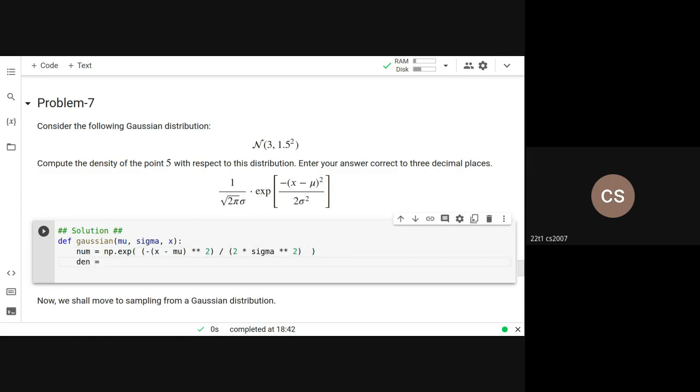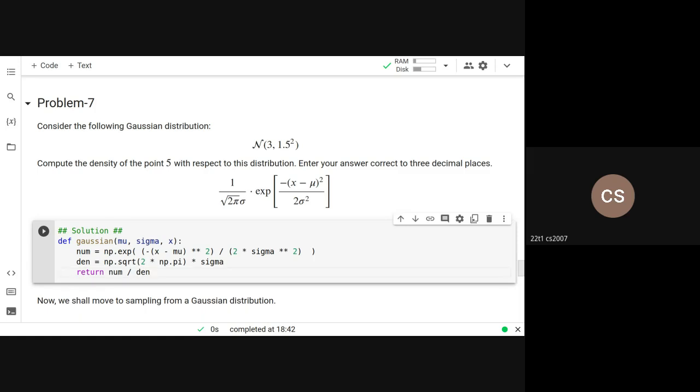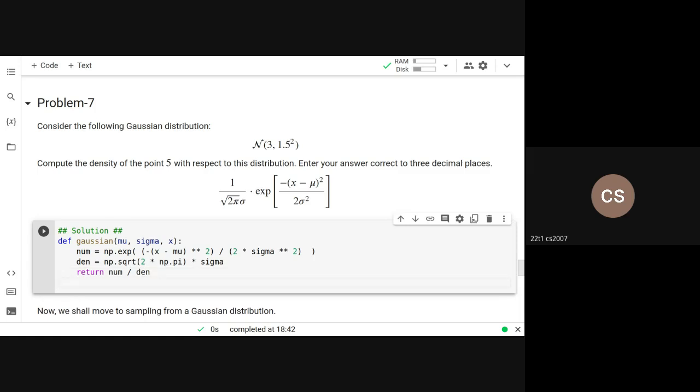Denominator is just square root of 2 pi sigma, which is np.sqrt of 2 into np.pi for pi, into sigma. So it's a very direct translation. Okay, so that is numerator, this is denominator. All that we need to do is numerator by denominator. So that is the Gaussian density evaluated at x for mu comma sigma.